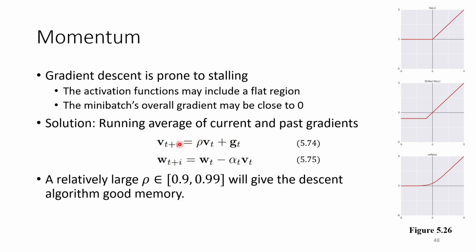So if your gradient is 0 at this moment, that's fine, because your V will not be 0. V, the momentum in this loop, will not be 0. You can still use it to update your weight.